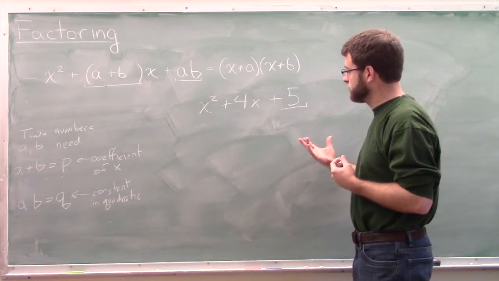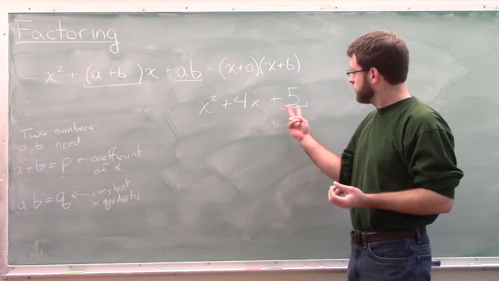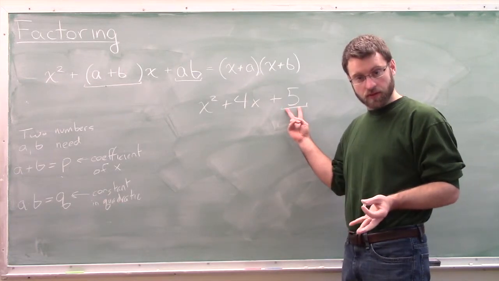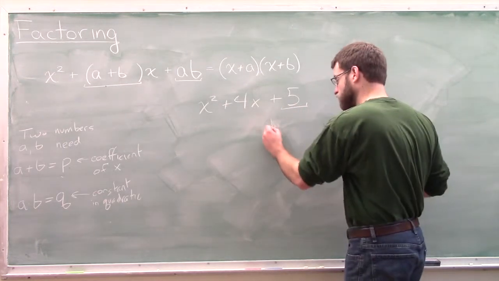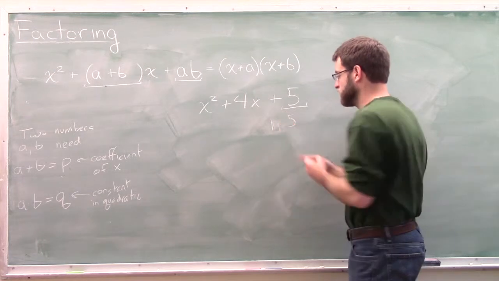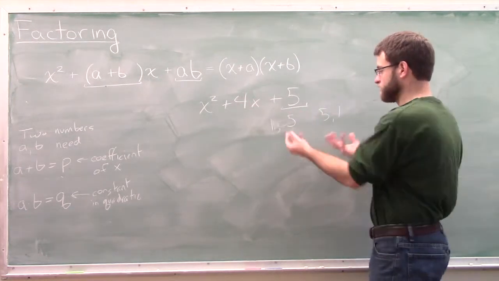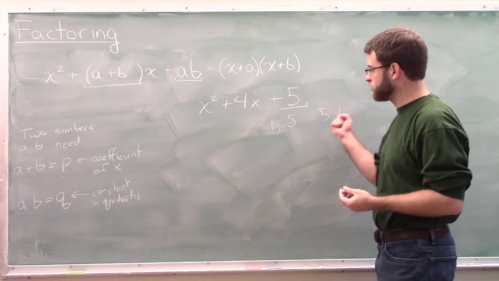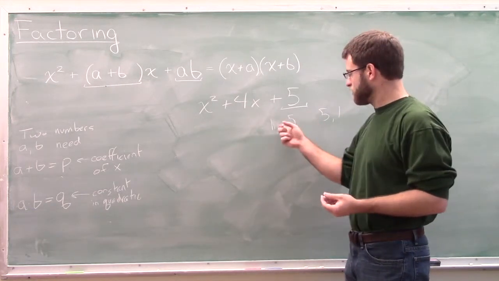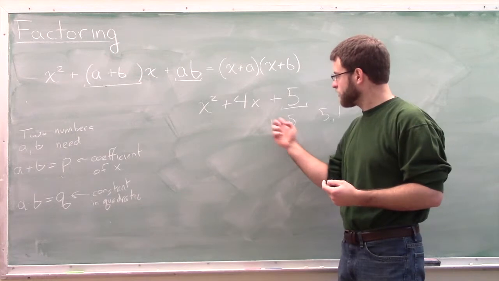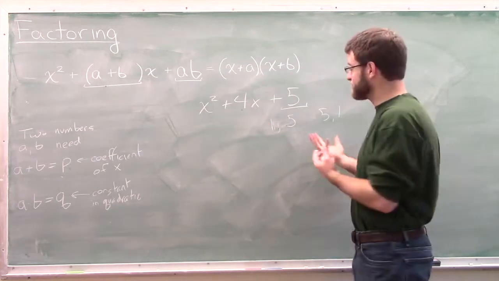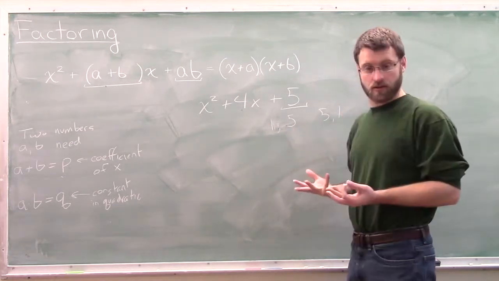Okay? And here we're going to run into trouble, right? If I try to multiply things up to 5, if I'm just worrying about integer possibilities, 1 and 5, 5 and 1. Everything's positive here, so I expect those both to be positive, but this combination doesn't add up to 4, so this doesn't work. It doesn't factor. Okay?